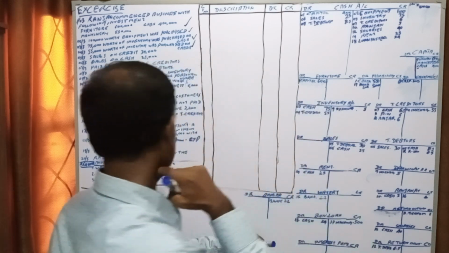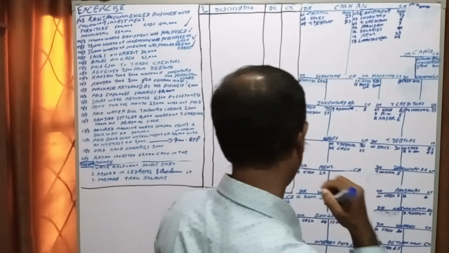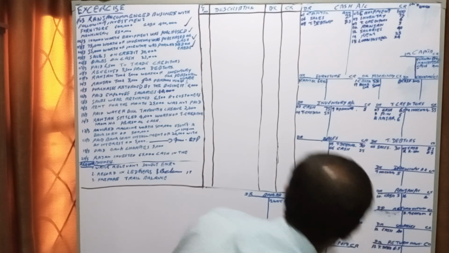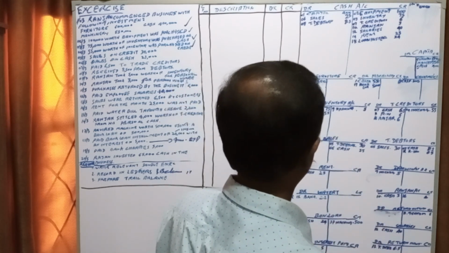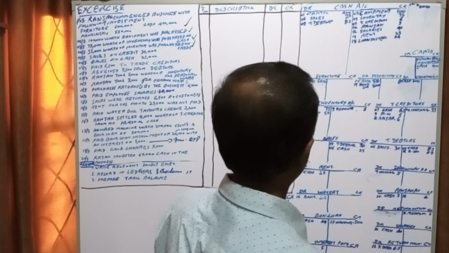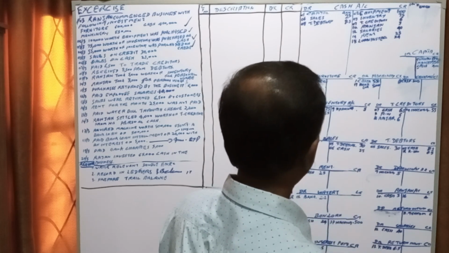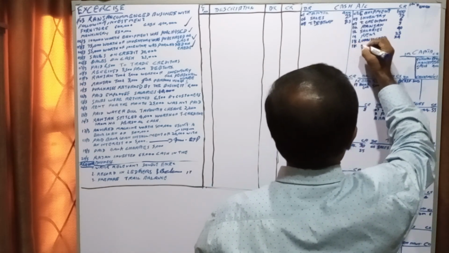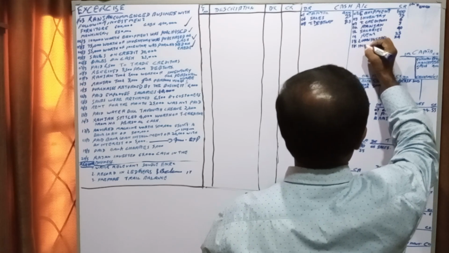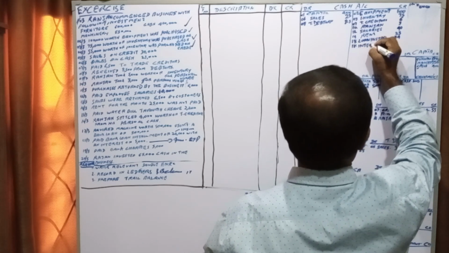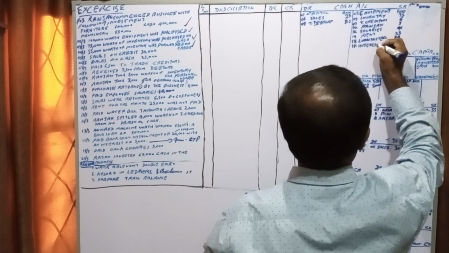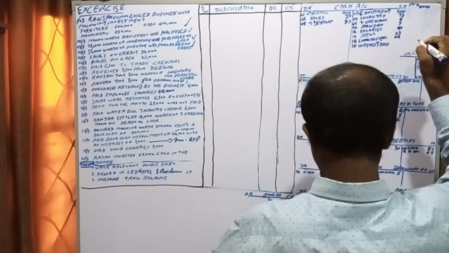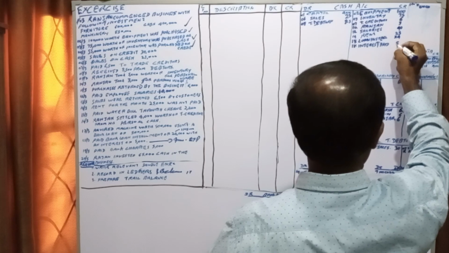Interest 5,000 paid off. Interest is an expense, so expenses account debit on 18th. The interest account is debited and the cash account has been paid, cash is decreasing and the cash account will be credited. 18th, interest paid. How much? 5,000.